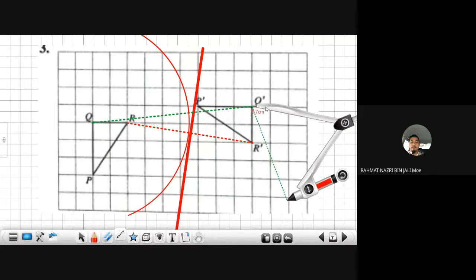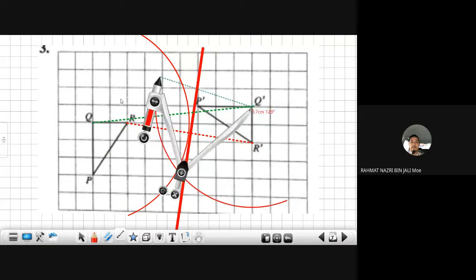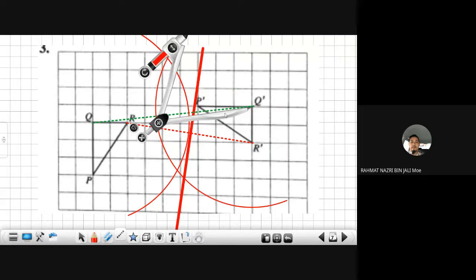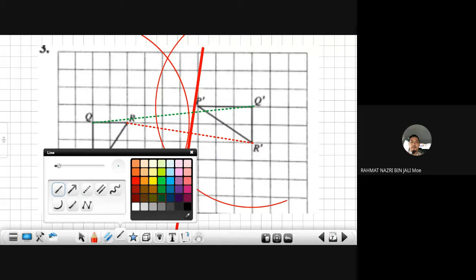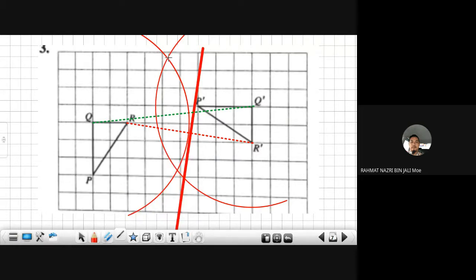Okay, and then put at Q, same opening. Okay, settle. Then we draw the perpendicular bisector tadi ya. Connect this one to this one first. Okay, after that you can extend it.